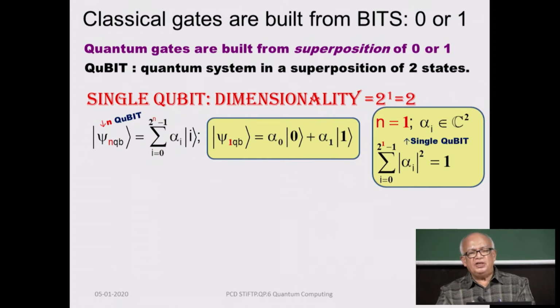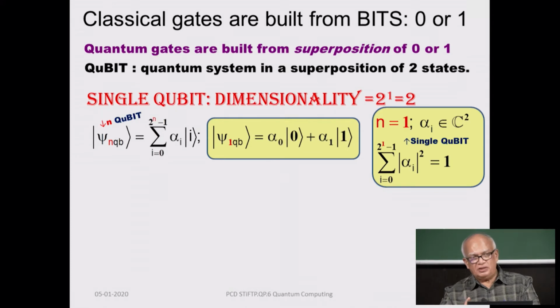The coefficients are alpha 0 and alpha 1, and if this qubit is normalized, then the sum of the squares of the coefficients goes to 1. So this is the standard statement of expressing a normalized vector in the Hilbert space. Okay? So this is a single qubit. The coefficients may be complex, and there are two of them, alpha 0 and alpha 1.